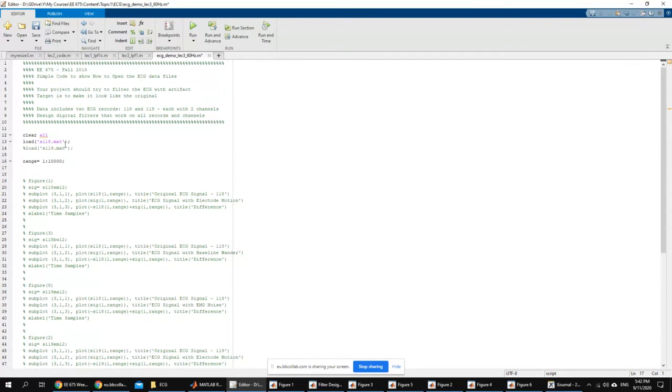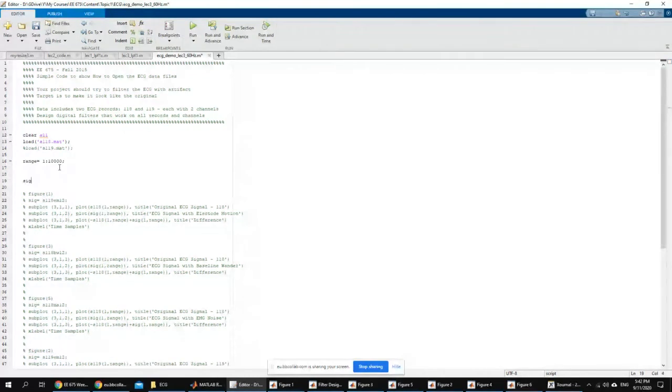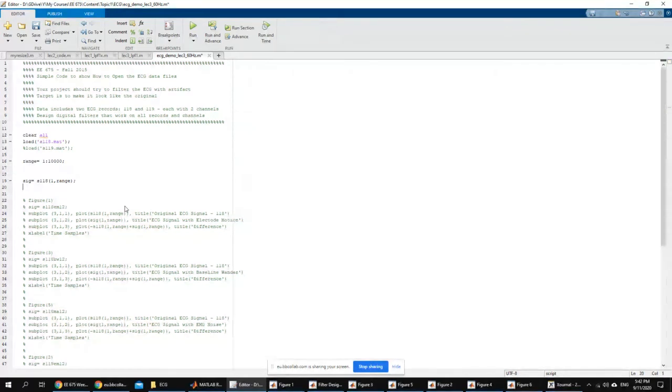We're just going to load the data, and then I'm going to start with signal equal to, I think it's 18 of 1 and range. This is the range that I selected so that I have a limited amount of data, because the record is very long. If you have the whole record, it's going to be very difficult to see. So this is the original signal.